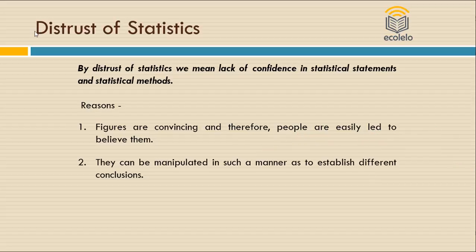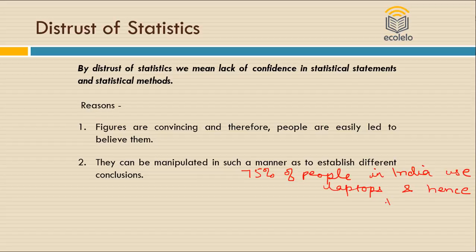Second, they can be manipulated in such a manner as to establish different conclusions. So if I write 75% of people in India use laptops and hence they are becoming lazy. You see, the same data and how I have manipulated it to reach a different conclusion.